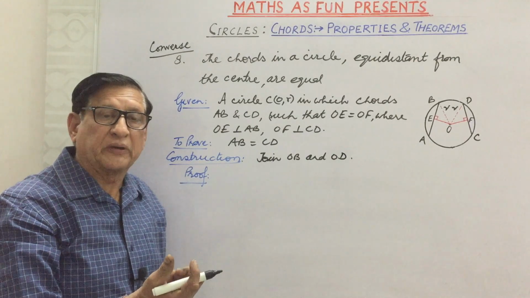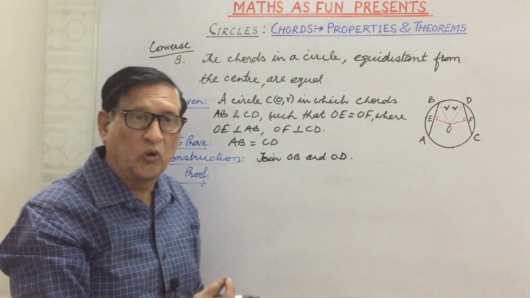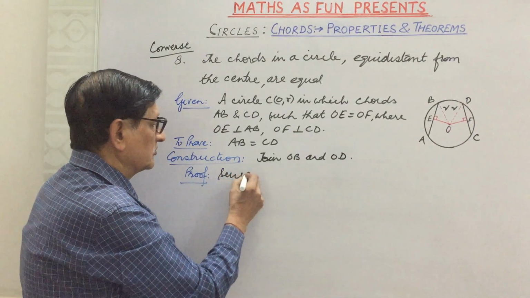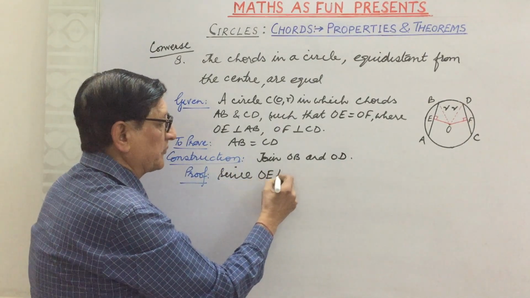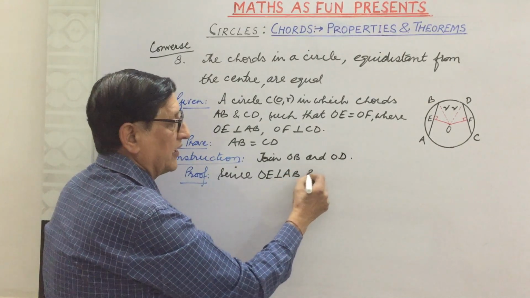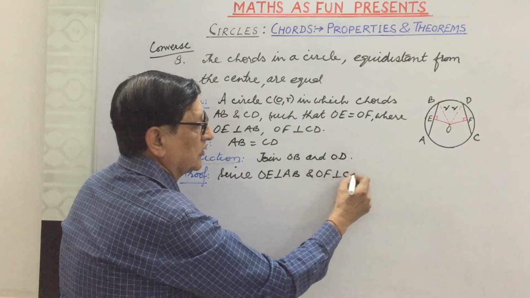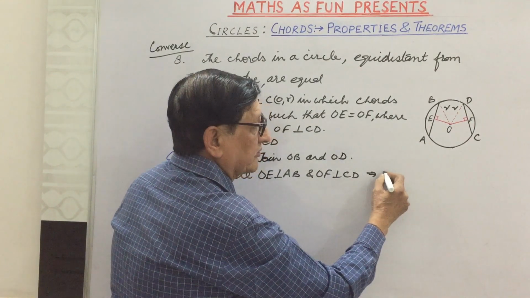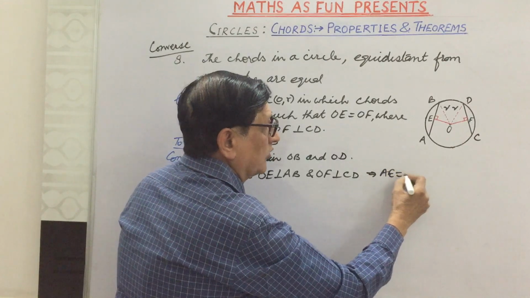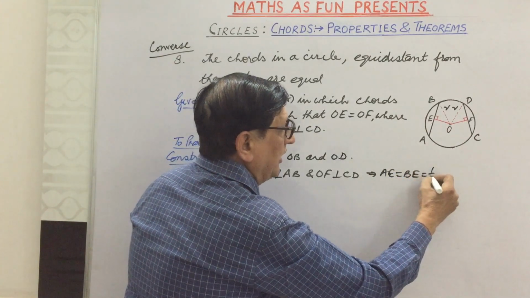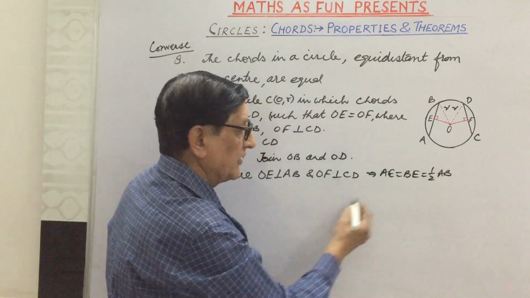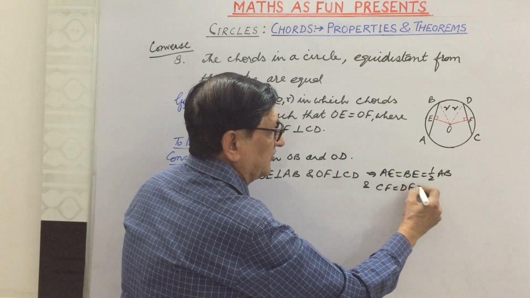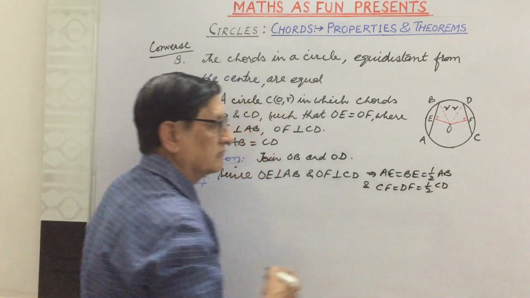We know if we draw a perpendicular from the center to a chord, it bisects the chord. So we can write, since OE is perpendicular to AB and OF is perpendicular to CD, this implies that AE is equal to BE is equal to half of AB, and CF is equal to DF is equal to half of CD.